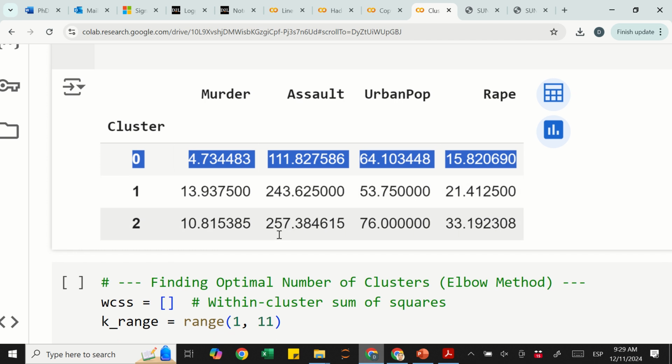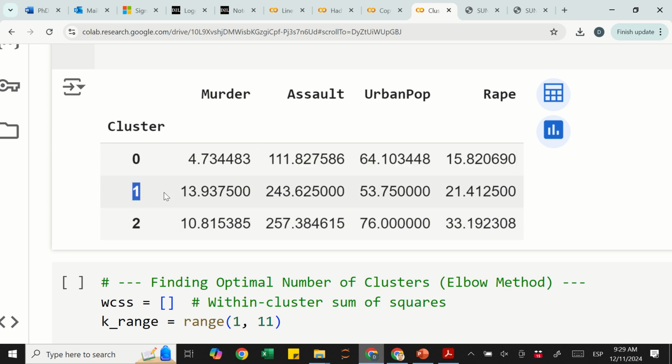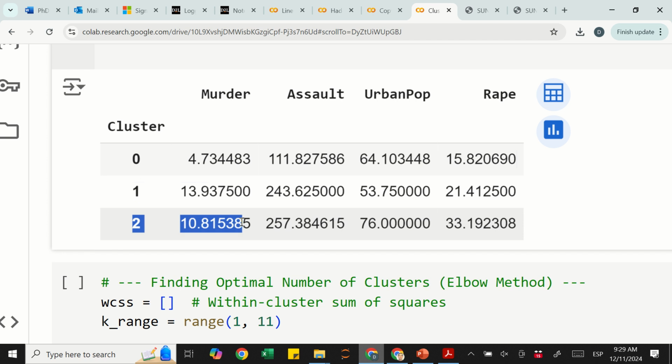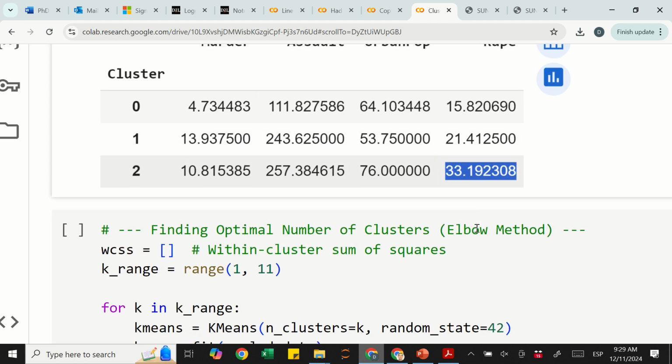Now on the other hand, we have cluster 1 and cluster 2. In cluster 2, the murder rate is high, twice cluster 0, a little bit more. The assault rate is now the highest, the urban population is the highest, and the rape rate is also the highest value.